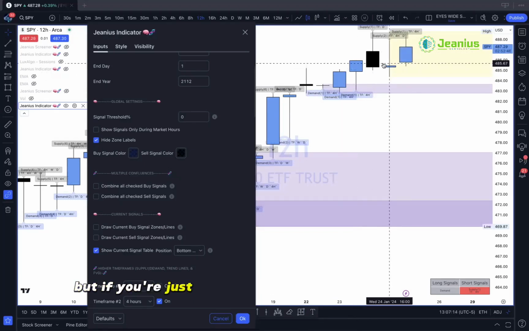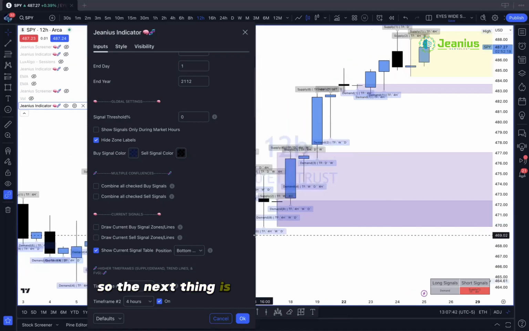But if you want to know the importance of the supply and demand, or if you feel a daily supply and demand is a lot stronger than a 4-hour supply and demand, then it might make more sense to keep those labels on, so that you know to work harder at finding an entry for a higher time frame supply and demand zone.